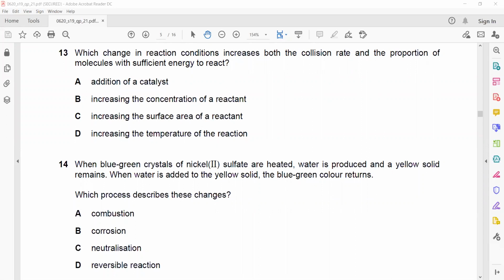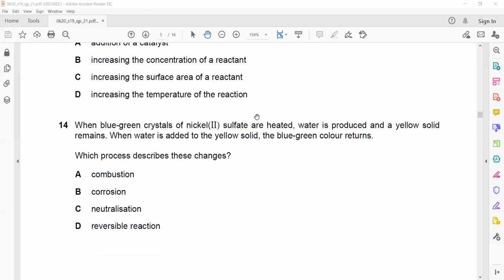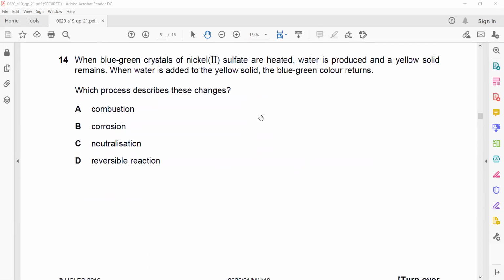If we increase the temperature, the molecules will move faster, more collisions, as well as a greater proportion of molecules will have sufficient energy to react. But if you change the concentration or surface area, or use a catalyst, the catalyst lowers the activation energy, while concentration and surface area increase the rate of collision but do not change the proportion of energy.